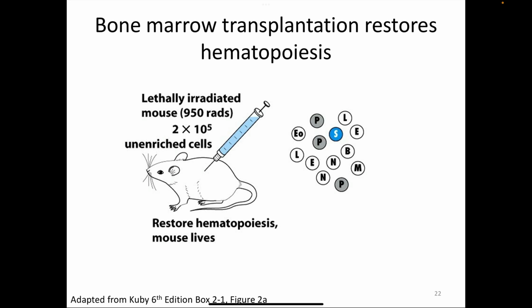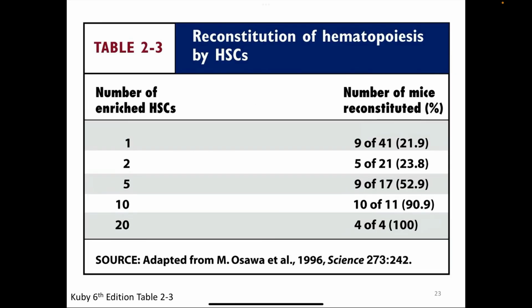And they wanted to know, how many stem cells do you need to grow an immune system? If I got rid of your whole immune system right now, and I was giving you back hematopoietic stem cells, how many would it take to grow a whole immune system? That's really what they're thinking about here: how powerful is that hematopoietic stem cell.